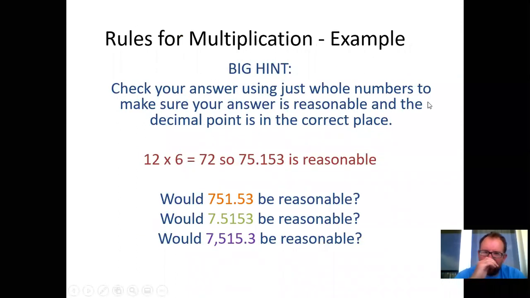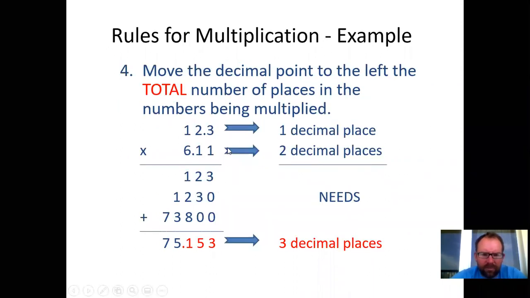All right, so then what we got to do here, just kind of use common sense. When we take those 2 numbers, if I was to go back a screen, if I have 6 times 1, or I'm sorry, 6 times 12. Well, we all know what 6 times 12 is, right? 72.